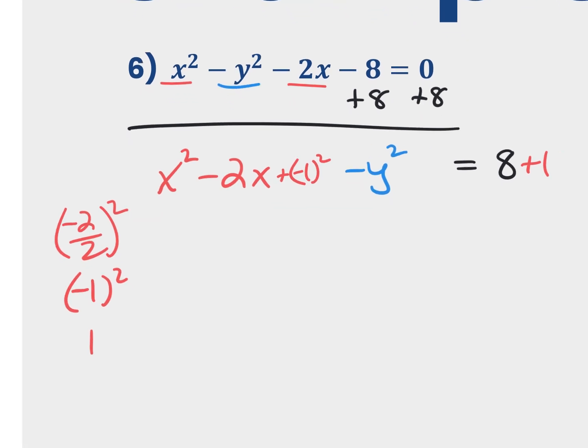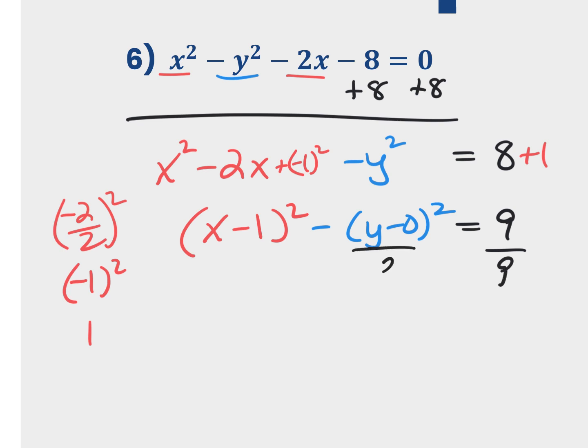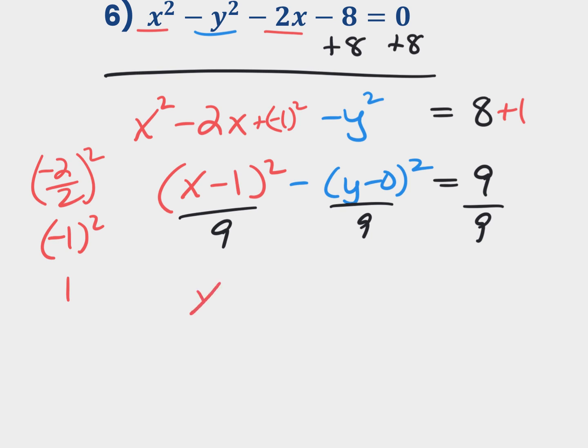So then if I factor the red one, this turns into x minus 1 squared. The blue is y minus 0, because there was no b term, and then equals 9. I need to divide everything by 9 to make it equal 1. So my final answer here is going to be x minus 1 squared over 9 minus, and I could drop the minus 0 and just put y squared, and then it equals 1.